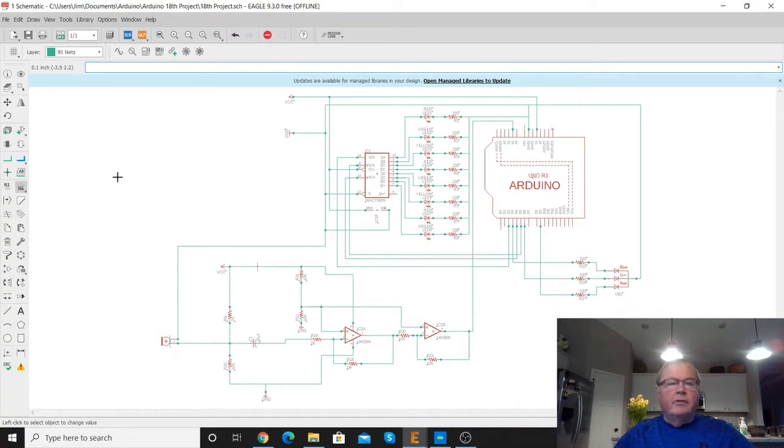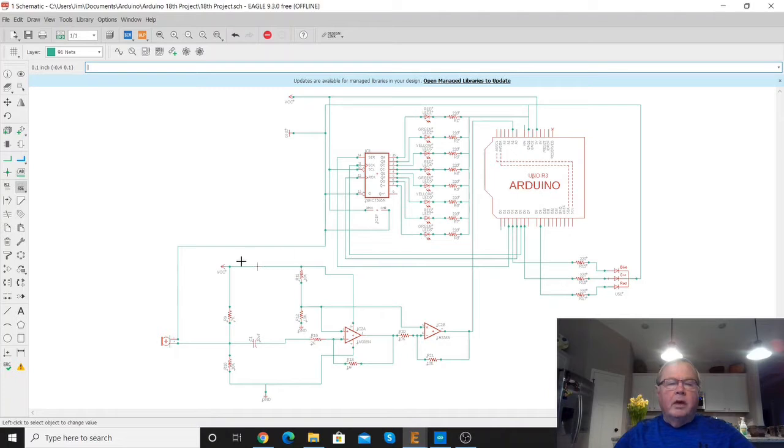Project number 17, if you'll remember, was taking an aux cable from a sound source and pumping it into an input on the Arduino, and it was making some LEDs dance. And we were doing that by placing LEDs on some of the digital pins.